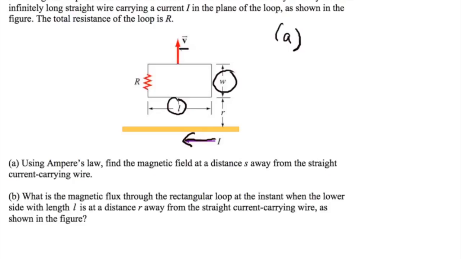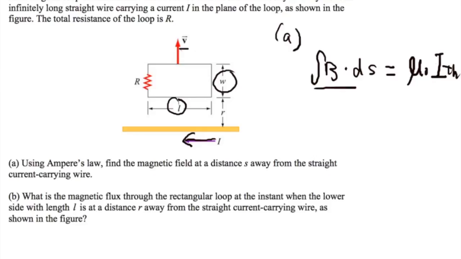Okay, so let's look at the problem together. If you remember Ampere's law, it's that the integral of B dot ds equals mu naught times I through. First of all, we have to figure out what the integral of B dot ds is. As you recall, we can draw, assuming this distance is s, a loop around the wire, at the same distance s from the wire.